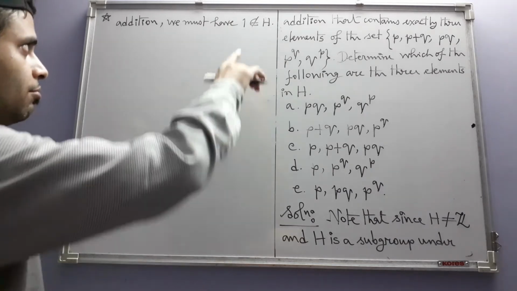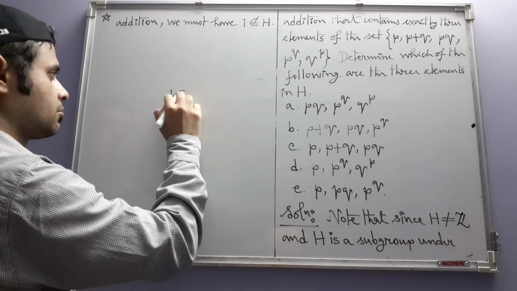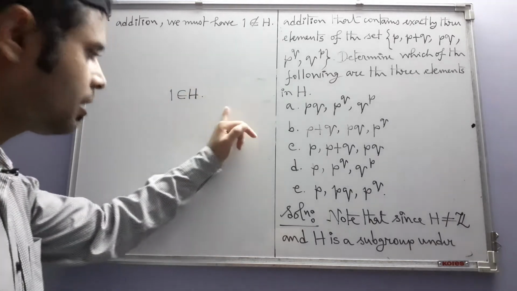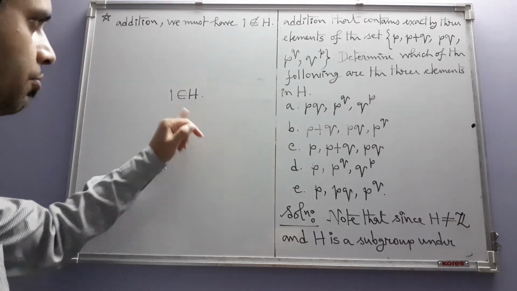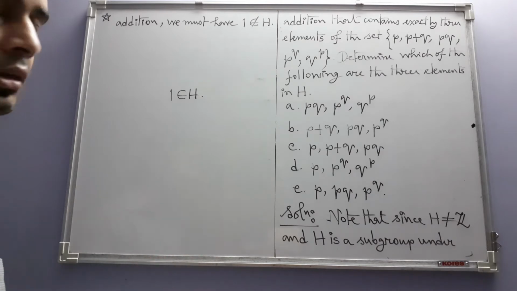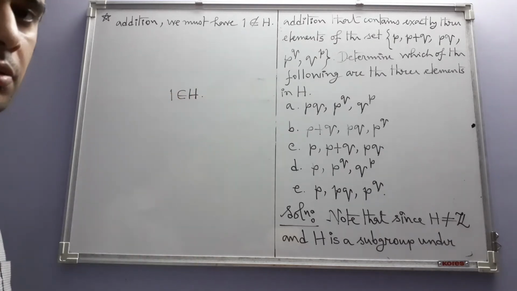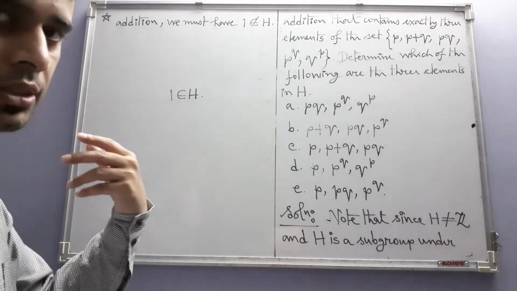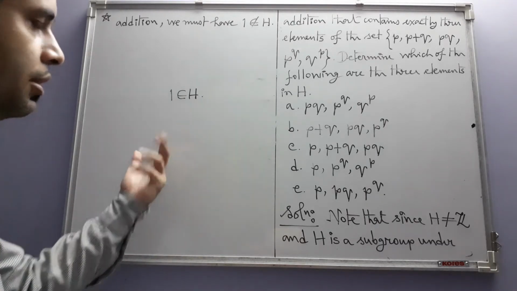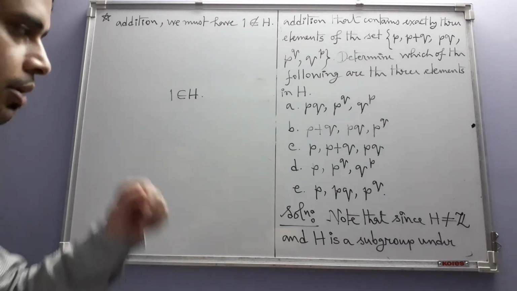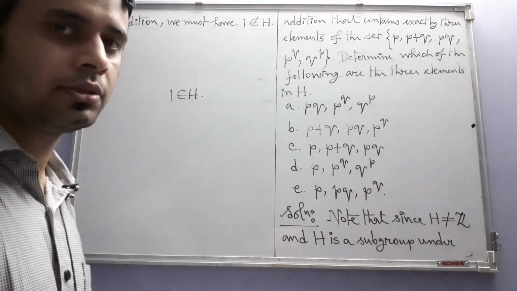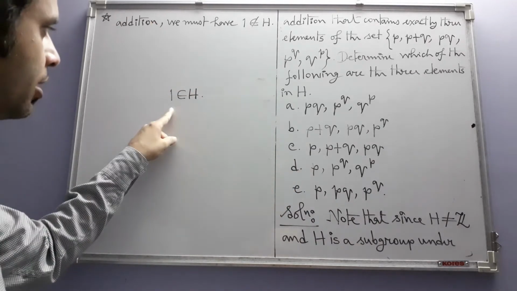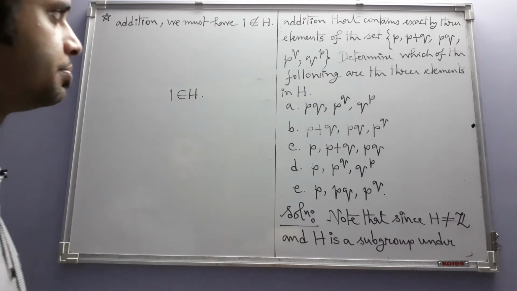Because if 1 belongs to H, then adding n number of ones, where n is a positive integer, every positive integer also belongs to H, and consequently, since H is a group, every negative integer, which are the inverses of the positive integers, will also be in H, and 0 also belongs to H. This would make H equal to the set of integers, contradicting the hypothesis. So this particular integer 1 cannot belong to H.